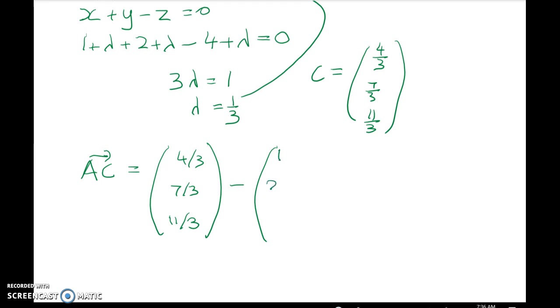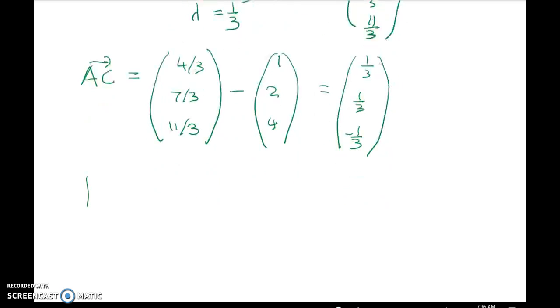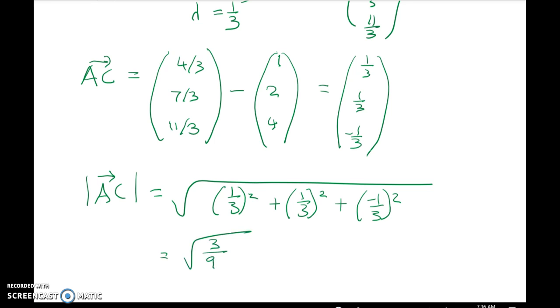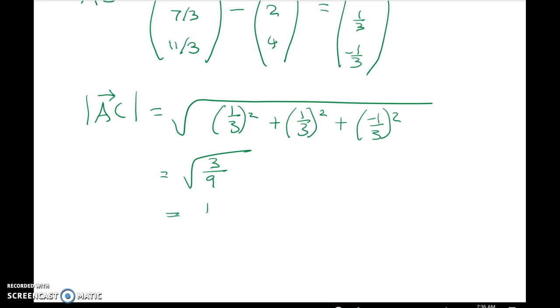So A was 1, 2, and 4. So that's 1/3, 1/3, and -1/3. And you can see even from looking that we're going to end up with, thankfully, the same answer. So the length of that line is equal to this, which is the square root of 3/9, which equals 1/√3, which is what we got before.